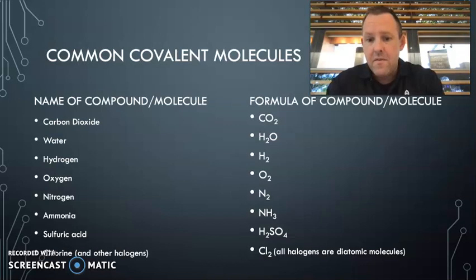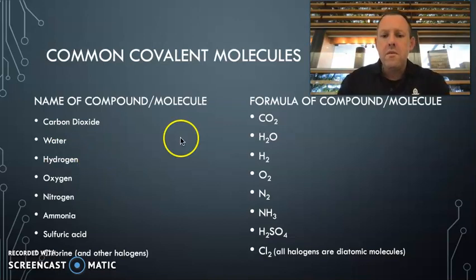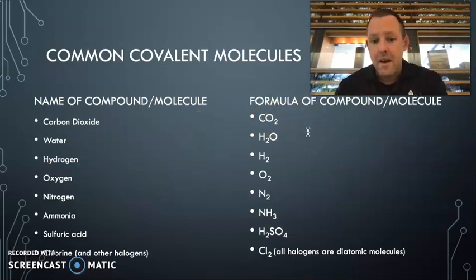If you have a look at the formula for the compound or the molecule down the right hand side, what you'll see is each of these is made up explicitly of non-metal atoms. So for instance, CO2, carbon's non-metal, oxygen's a non-metal. H2SO4 for sulfuric acid, hydrogen's a non-metal, sulfur's a non-metal, oxygen's a non-metal. So we can tell something's covalent simply by looking at the atoms and saying, are they all non-metals?